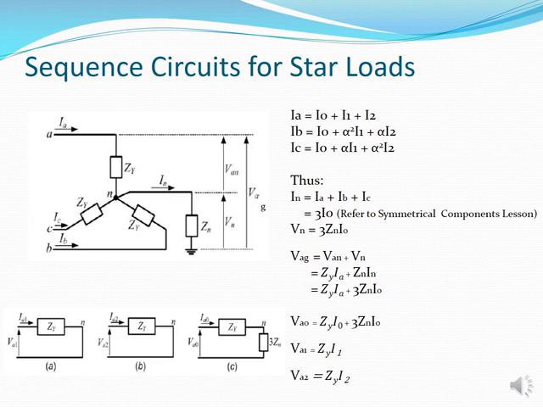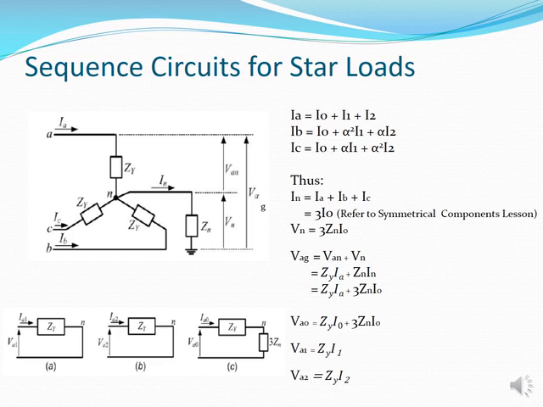That lets me simply write my VAG as VAN plus VN. On the diagram you can see my VAG, the VAN and the VN, and that simply is my ZYIA and ZNIN.